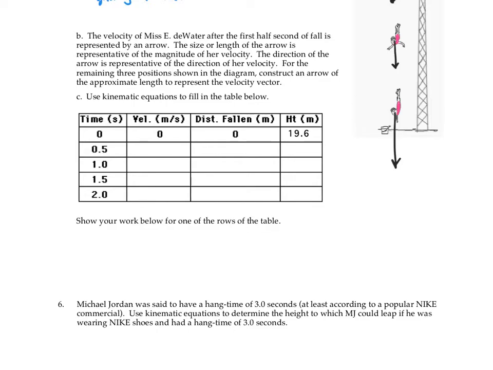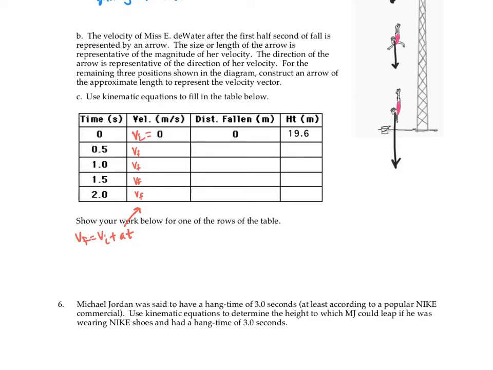I know my initial velocity is 0. I can get my time values. I know my acceleration. These would all be final velocities at those times. Then I'm going to use this first equation for this first column.